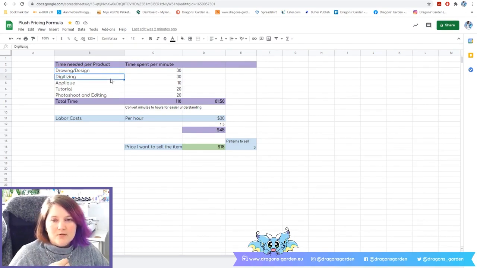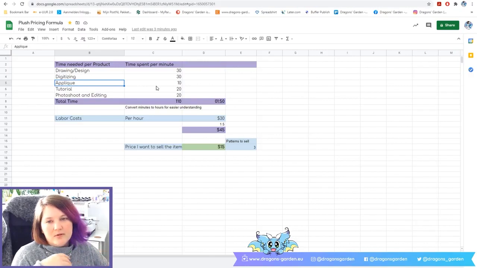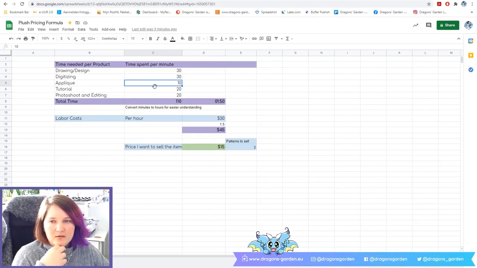Then it's digitizing those sketches in Illustrator and getting to the final design in the embroidery program. If there is an appliqué, then it normally takes me a little bit extra time, because I have to change the colors or change something else within the final embroidery file. So that takes me 10 minutes extra.